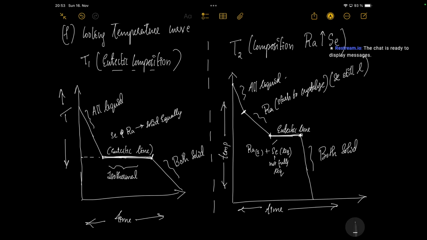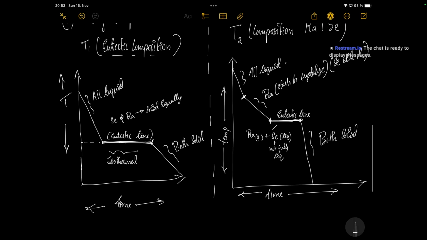Still liquid. And when they reach the eutectic line, radium is almost crystallized, that is solid, but selenium is starting to crystallize.